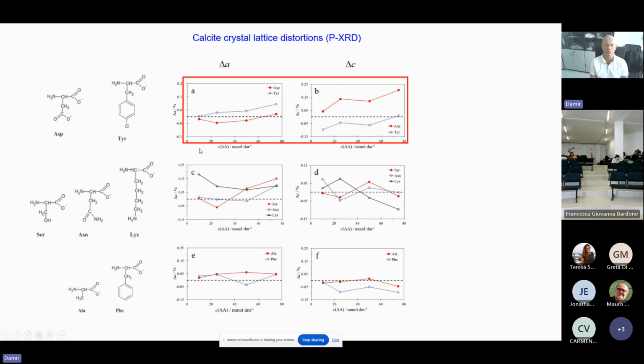On this graph you can see the concentration of amino acids and the dimensions of lattice A and lattice B. The dotted line is standard calcite. I will focus on the C axis: with aspartic acid, the dimension increases with increasing concentration.